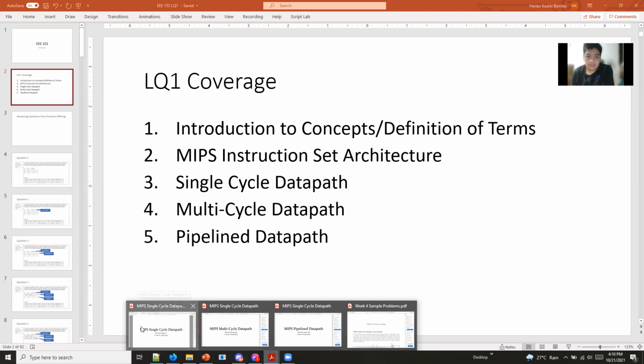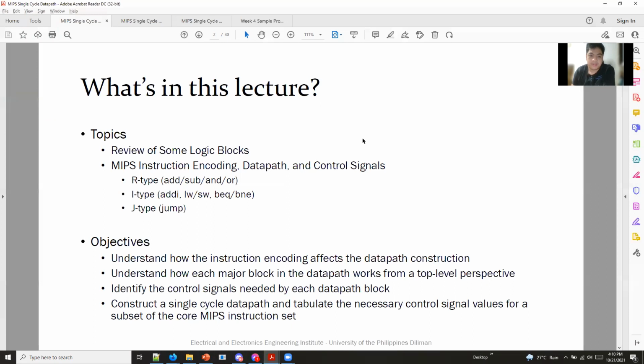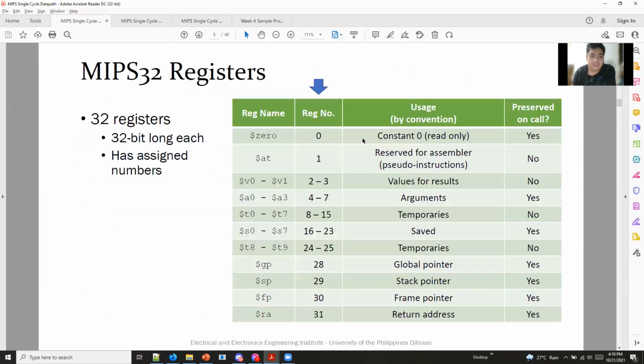So for the single cycle data, for the MIPS architecture, may review kasi dito sa slides, which is I think more than enough as a quick reference. So meron tayong 32 registers. So yung mga registers natin, may kanya-kanya silang usage by convention.